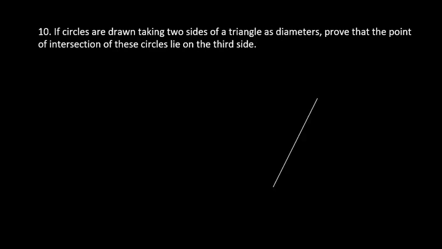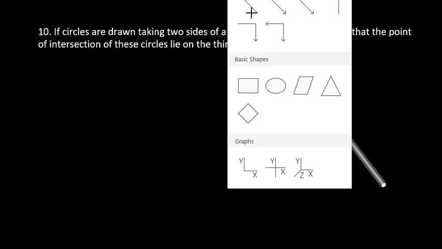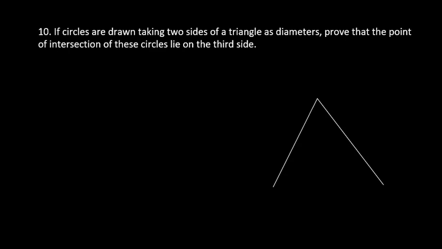So from this I will start, and let us take, fine, okay, and then the third side will be drawn to join these two points. Okay, very good. Now I will draw two circles.